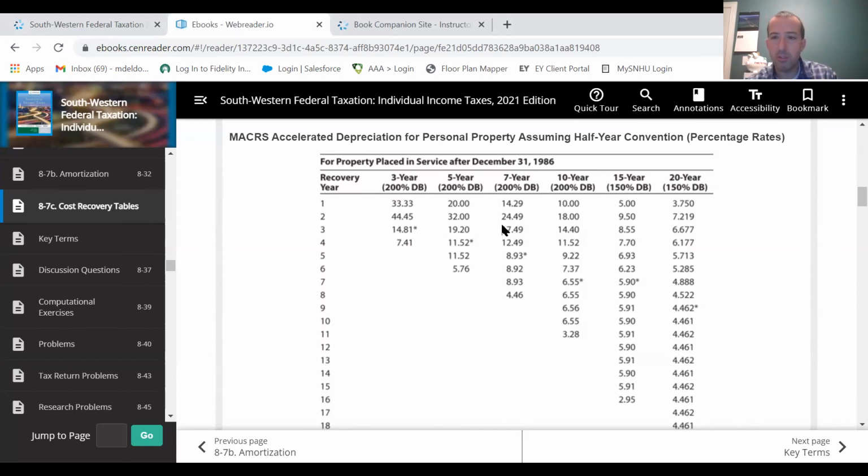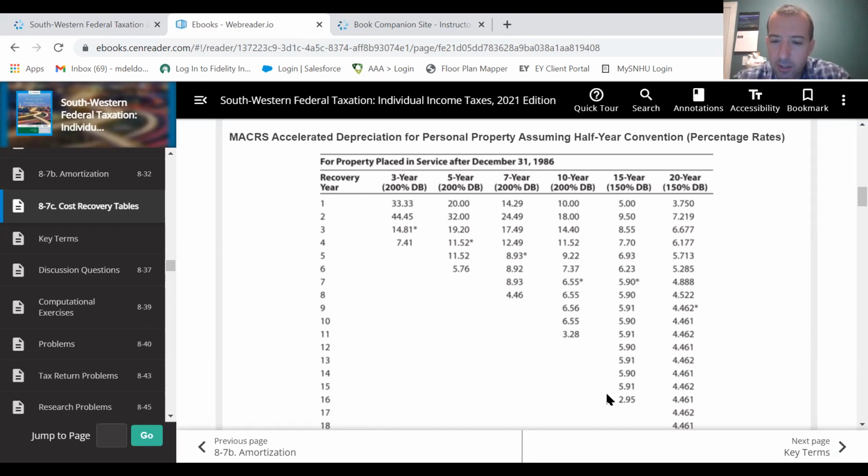But in year two, it's going to be the original cost basis minus the previous year's depreciation, or really accumulated depreciation. So each year, your adjusted cost basis is going to decrease by what you've depreciated in the past, and you'll multiply it by these rates.